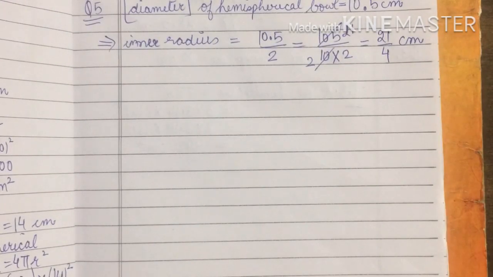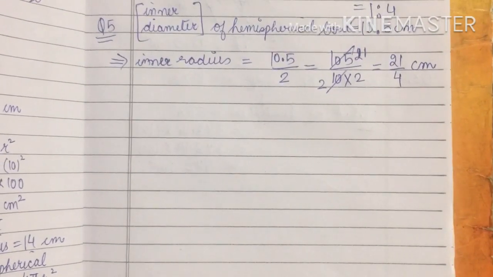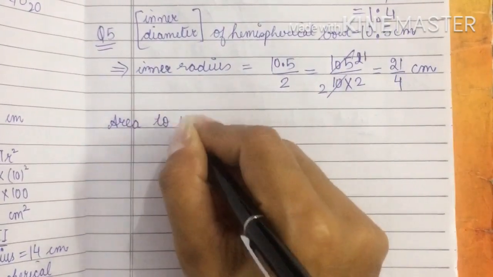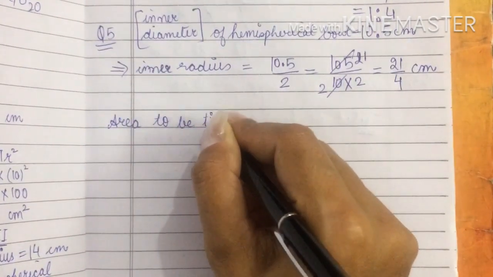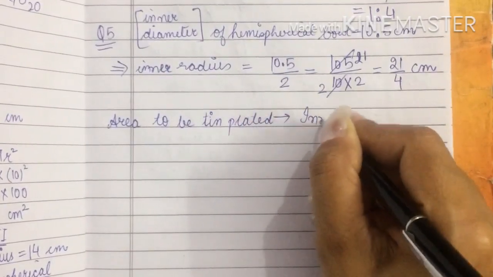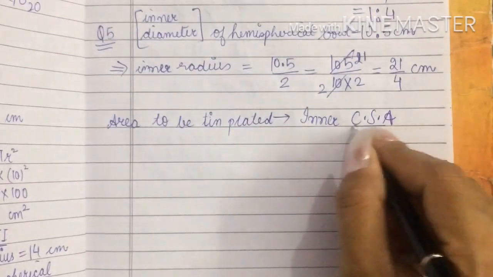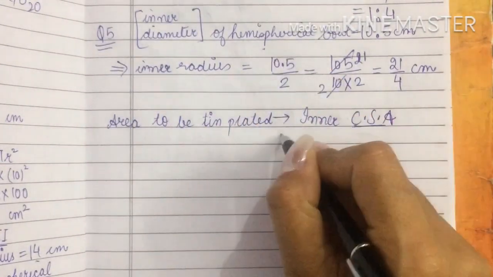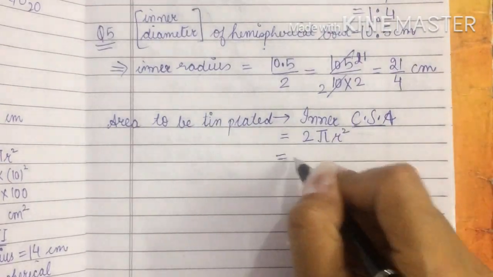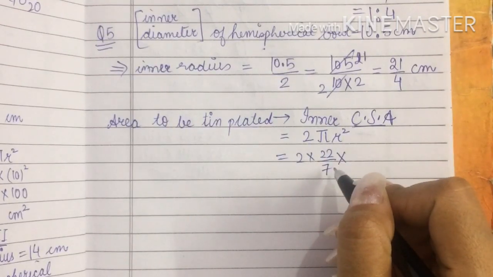Now we have to find out the area to be tin plated. Area to be tin plated is the inner curved surface area. So the curved surface area of a hemispherical bowl is given by 2 pi r square. So let's use the values of pi and r.